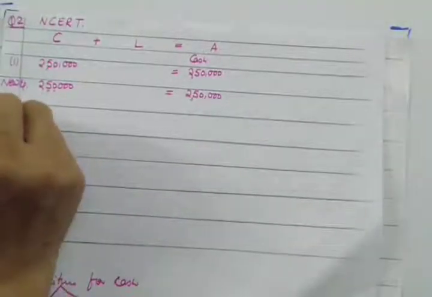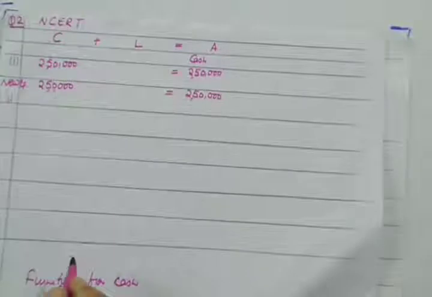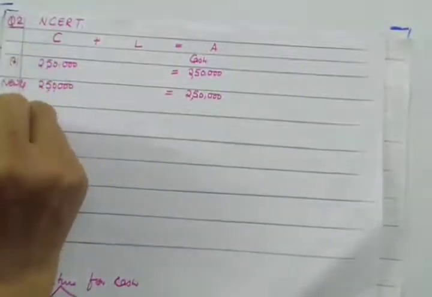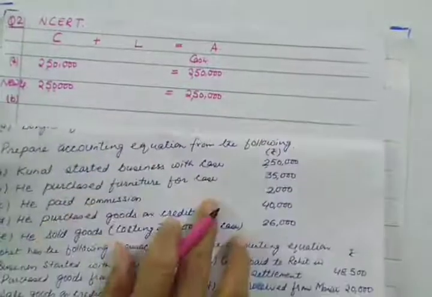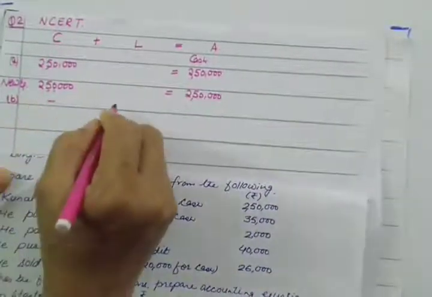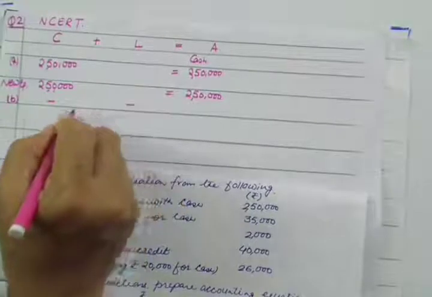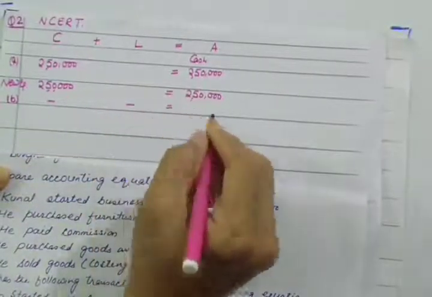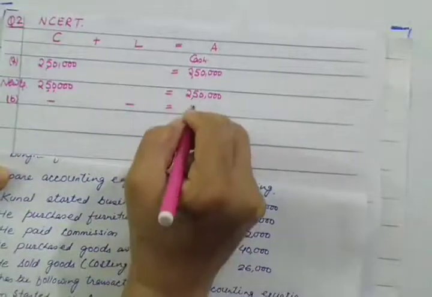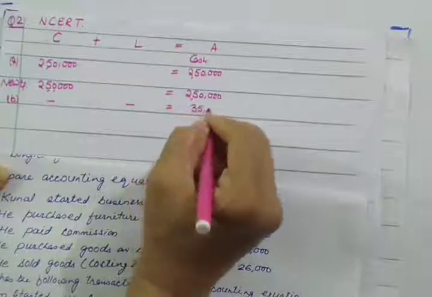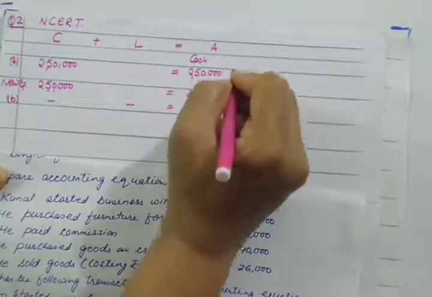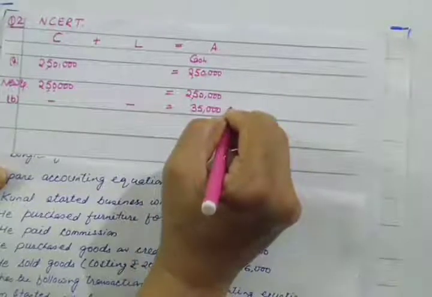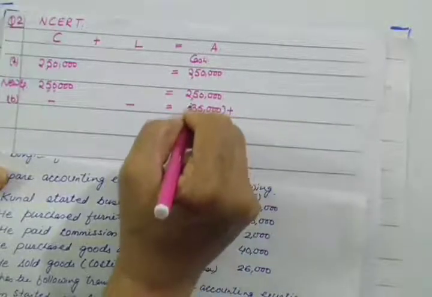No change. Impact of transaction number B. Yes, this was A and now it's B. Effect of transaction number B is no change on capital, no change in liabilities, and cash will reduce by 35,000. On the other hand, a new item will be added. So how to show a reduction in cash?